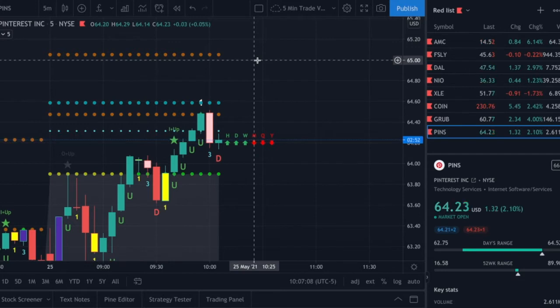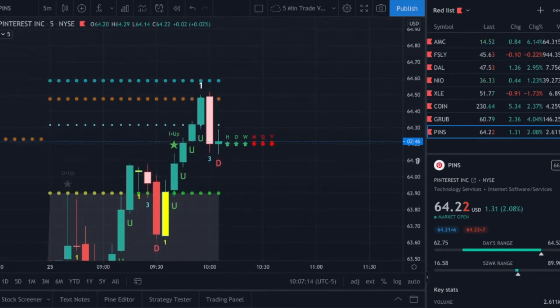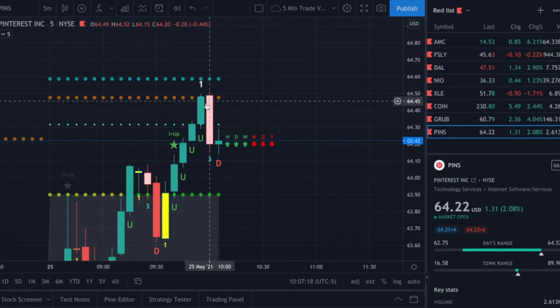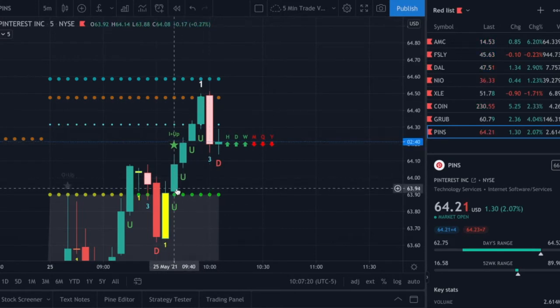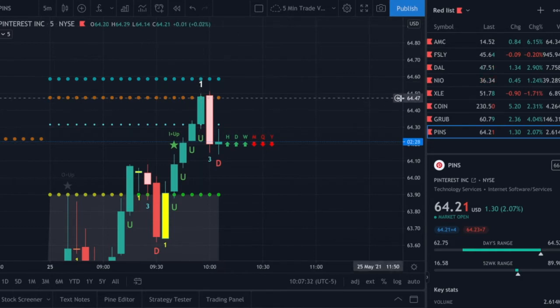I'm pretty sure I chose a 65 strike price. So you can see I did not reach that, but I still had a 15% gain on this trade by entering here and exiting here. So that's entered around 63.95 and exited around 64.40, we'll say. So yeah, that is it for this first trade, and we'll see what else I get today.